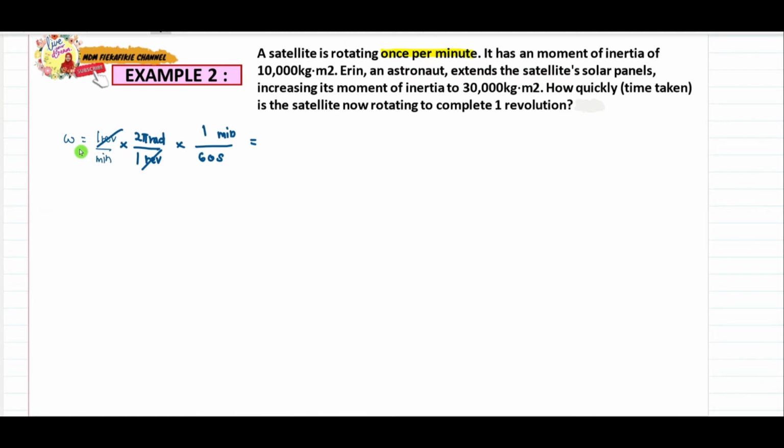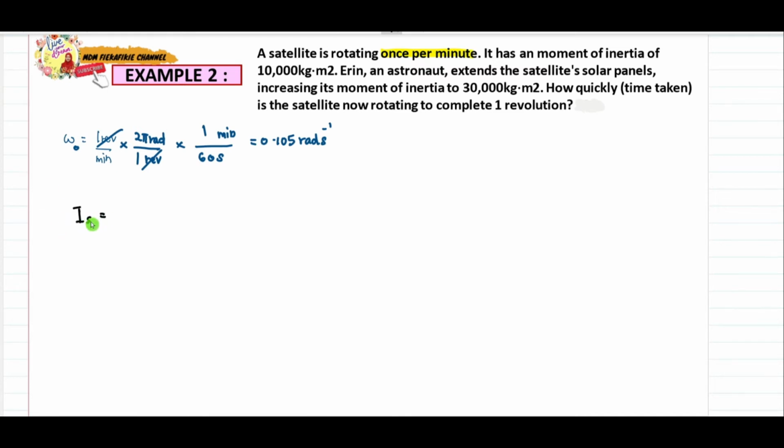Okay, so we can write that the initial angular velocity of the satellite is equal to, kita boleh kira lah, iaitu bersamaan dengan 0.105 radian per second. Okay, and given that the moment of inertia for the satellite, we write as S. I_S is for the satellite.